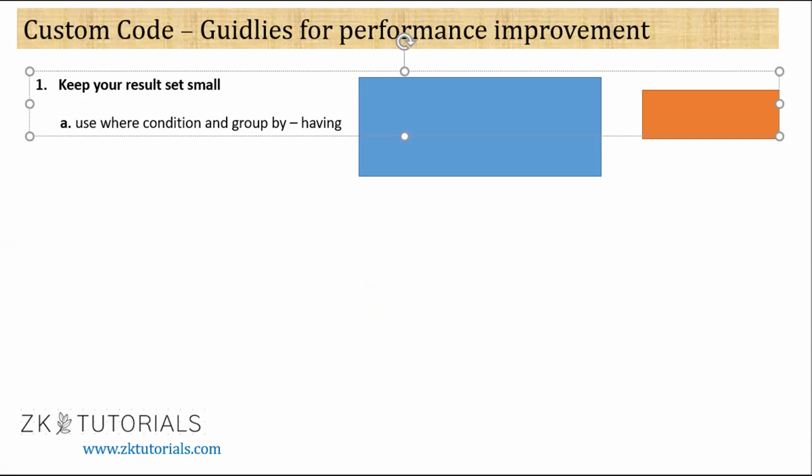The first point is clear: for the records which you don't need, use a WHERE condition and a HAVING condition to discard them. It's not like you select star, everything, from the table. If you need reports for a particular center, say 002, you have to put it in the WHERE clause.